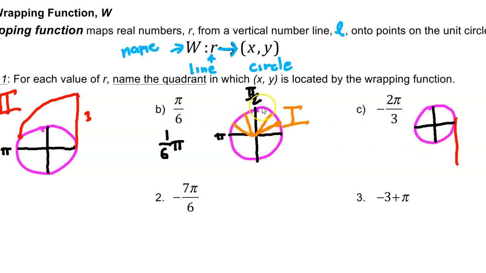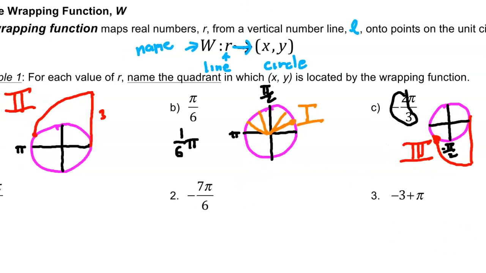That'd be halfway. So this would be negative pi over 2. So the question is, does 2 over 3 come before 1/2, or after 1/2? Of course 2/3 is bigger than 1/2, so I know that this would wrap somewhere over here in the third quadrant. Okay. So that's just some number sense to think about.